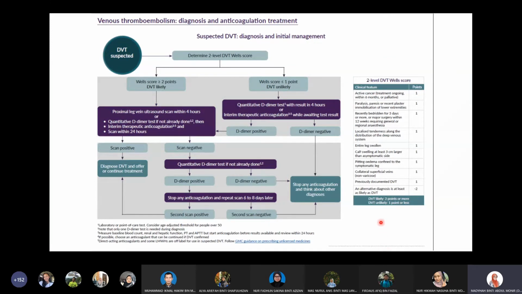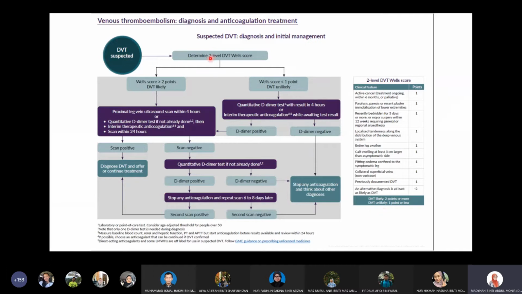So after assessing the patient, if the score is 2 points or more, it is likely to be DVT. But if the score is less than 2, it will be unlikely to have DVT.